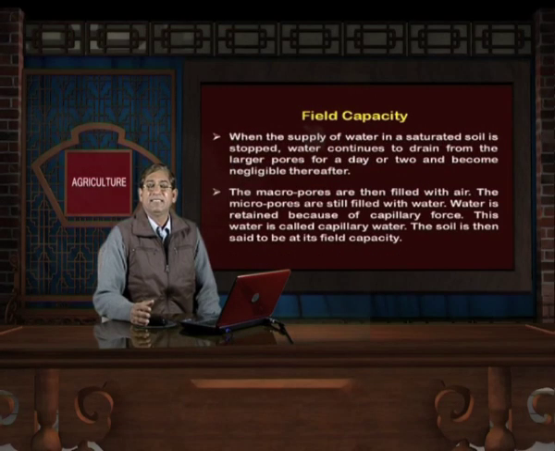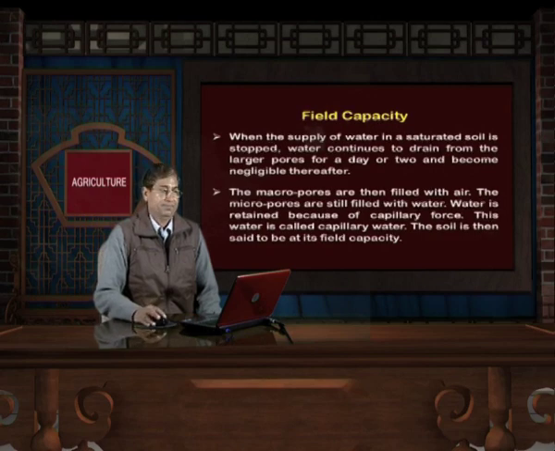Field capacity is the upper limit of available water, and it is very important for irrigation scheduling in different crops. Whenever there is a deficit of water, water is added to the soil for crop growth up to the level of field capacity of that particular soil.